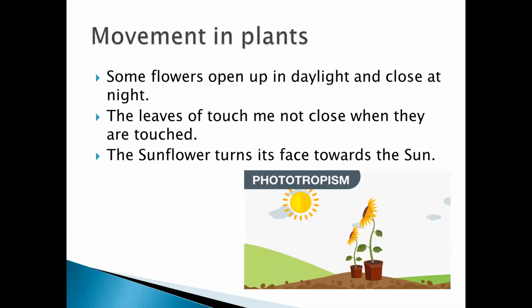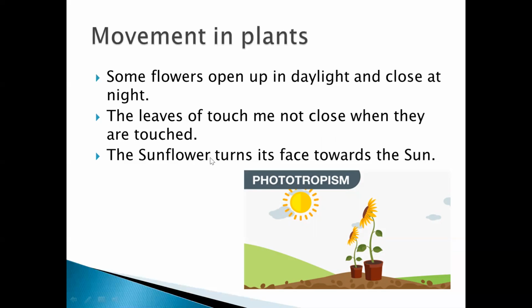Now, last but not least is the example of the sunflower. How do some plants show their movement towards a certain factor? Some flowers open up in daylight and close at night, like the leaves of touch-me-not, which I explained earlier in lesson 1 close when they are touched.